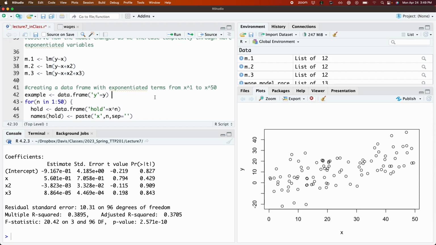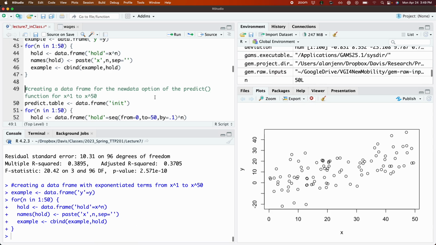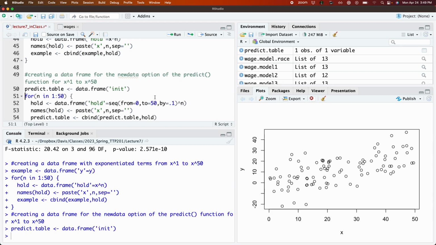And in fact, let's go ahead and run through x, x squared, x cubed, x fourth, all the way to x to the 50th power. This is the code that will help me do that. And then I am going to create the fitted lines for each of these.